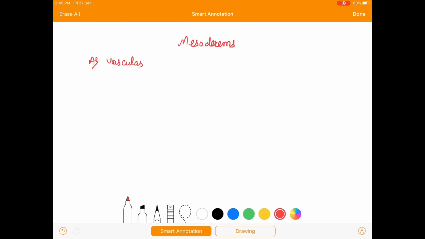So the first thing is vascular structures. What are the vascular structures in the eye? The first thing that comes to your mind is the most vascular layer or part of the eye, that is choroid. So choroid, and second is hyaloid artery, which is also called the primary vitreous, right?